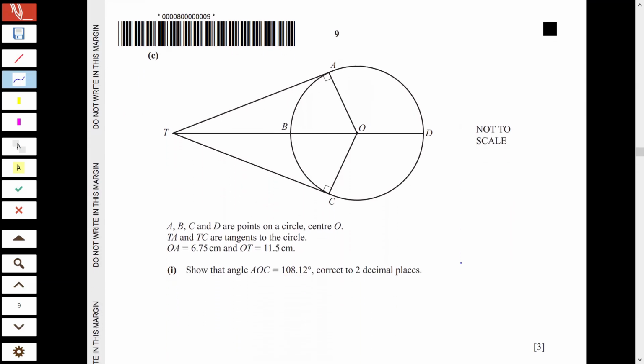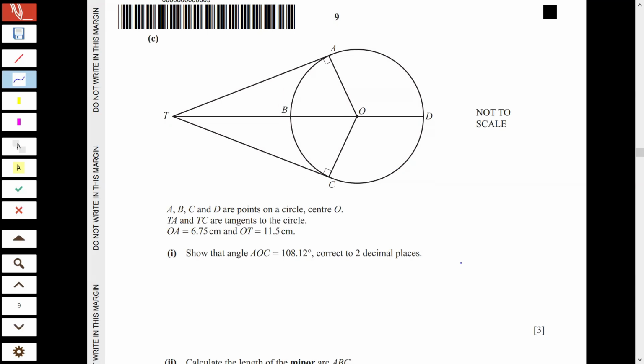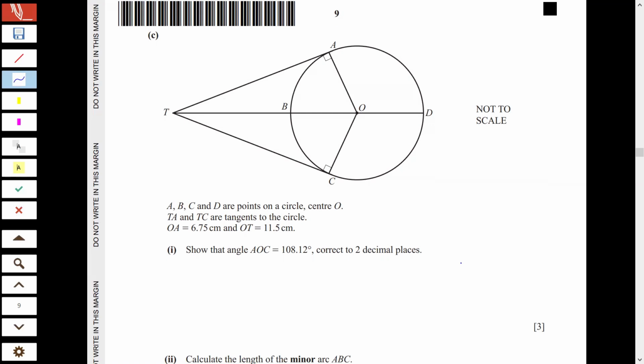Question C. A, B, C, and D are points on the circle center O. TA and TC are tangent to the circle. OA is 6.75 and OT is 11.5 centimeters. Show that angle AOC is 108.12, correct to 2 decimal places.